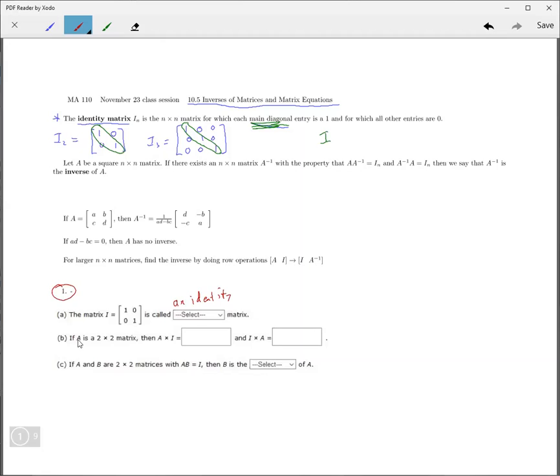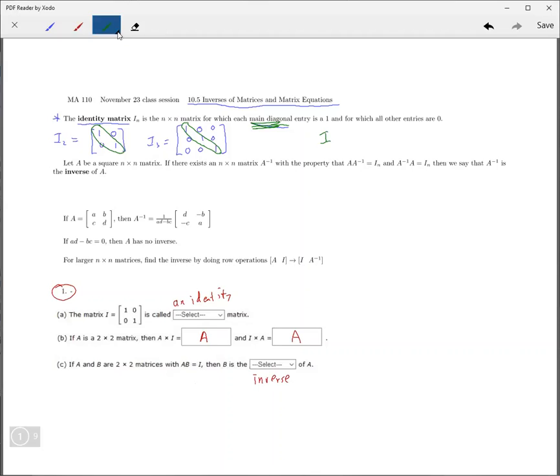Okay. If A is a 2 by 2 matrix, then A times I is equal to A, and I times A is also equal to A. If A and B are 2 by 2 matrices with AB equals I, then B is the inverse. Okay, so that's how the inverse works. It's some other matrix so that if you multiply A times B, you get the identity.